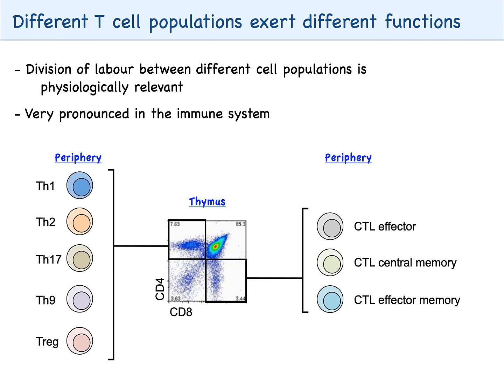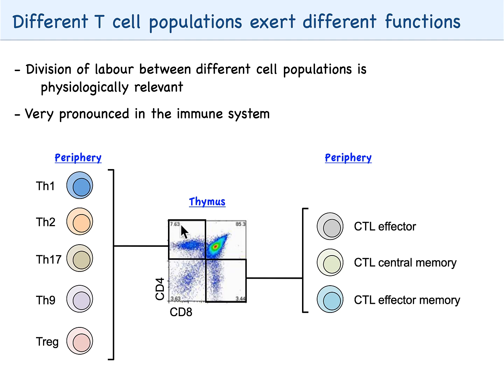So here, you've seen that there is division of labor between the CD4s and the CD8s, but also within the CD4s themselves. Remember, the Th1s produce interferon gamma, the Th17 produce, for instance, GM-CSF or IL-17. So this is the thymus where you have the double positive developing thymocytes, but you also have fully differentiated CD4 T cells and CD8 T cells.